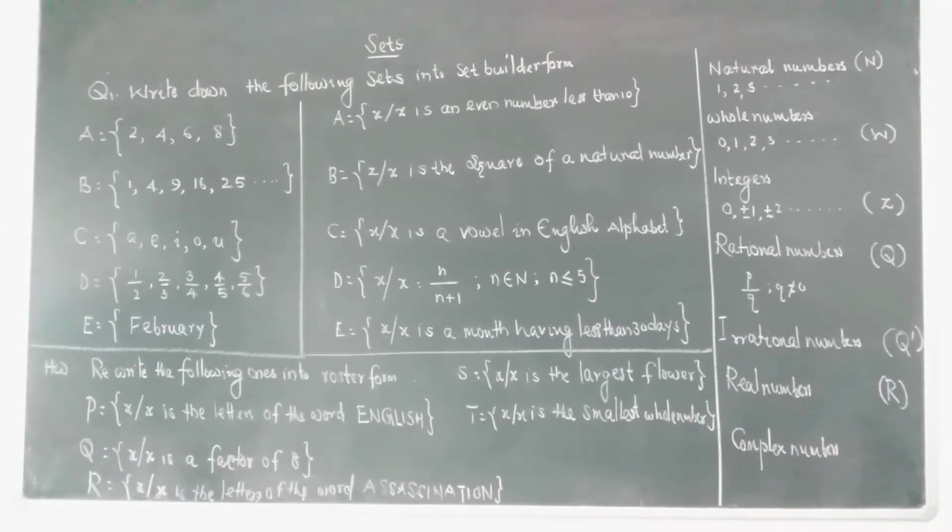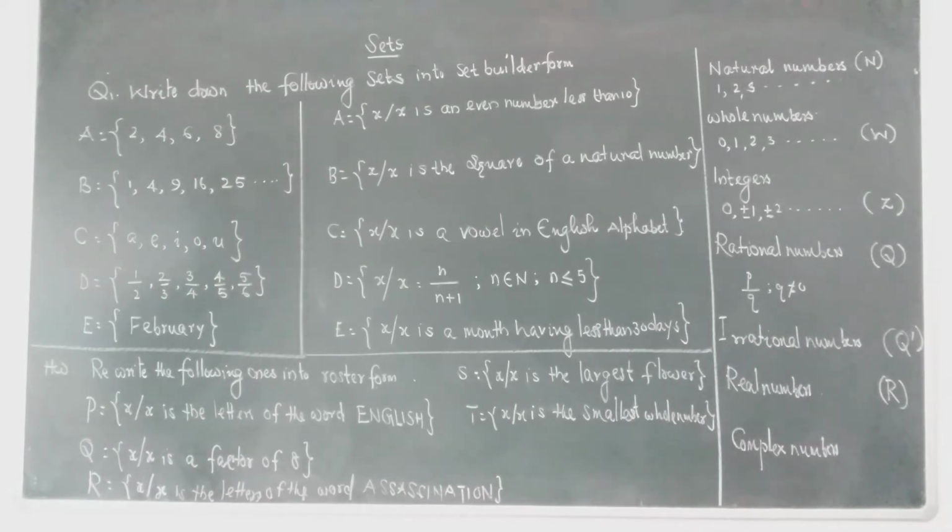Then what are we going to do? Instead of 2, 4, 6 and 8, we are going to bring in a new variable x. That x will stand for this 2, this 4, this 6 and this 8. Now look at the characteristics of these numbers, 2, 4, 6, 8.